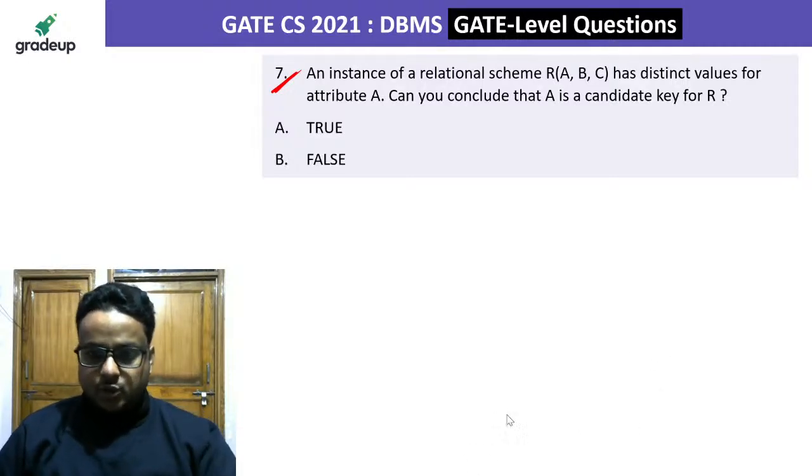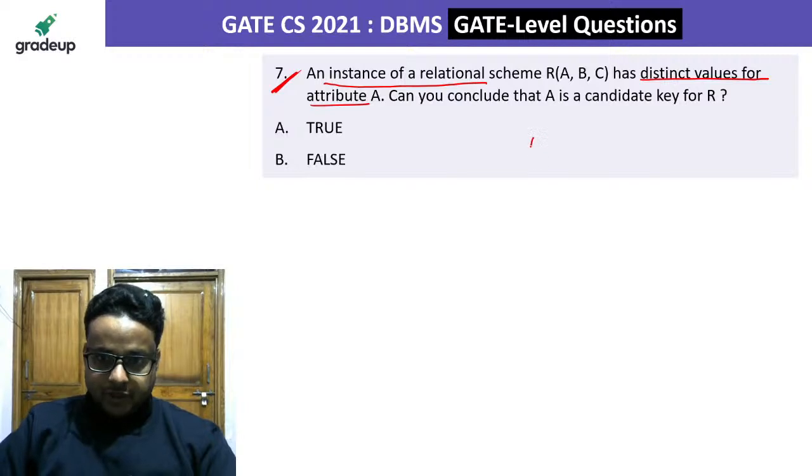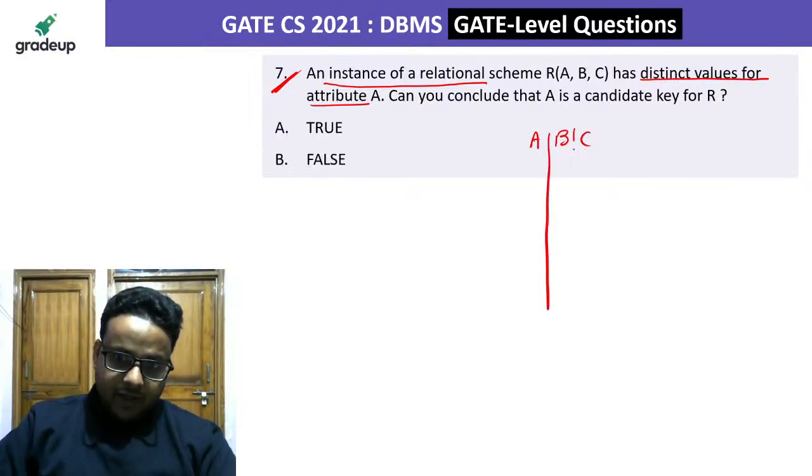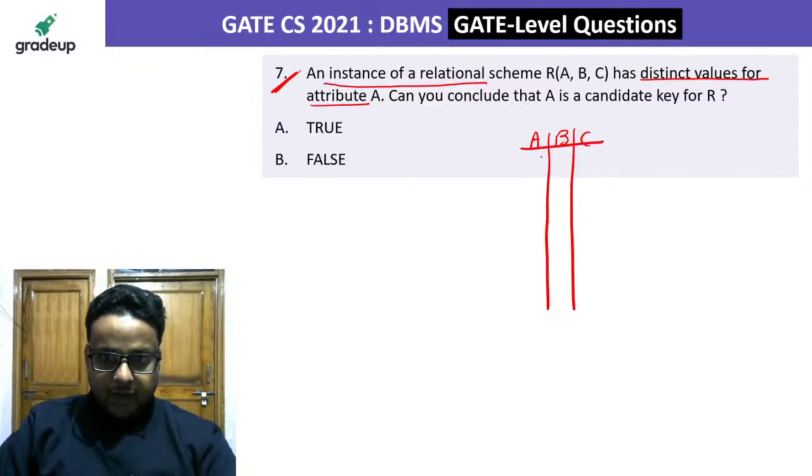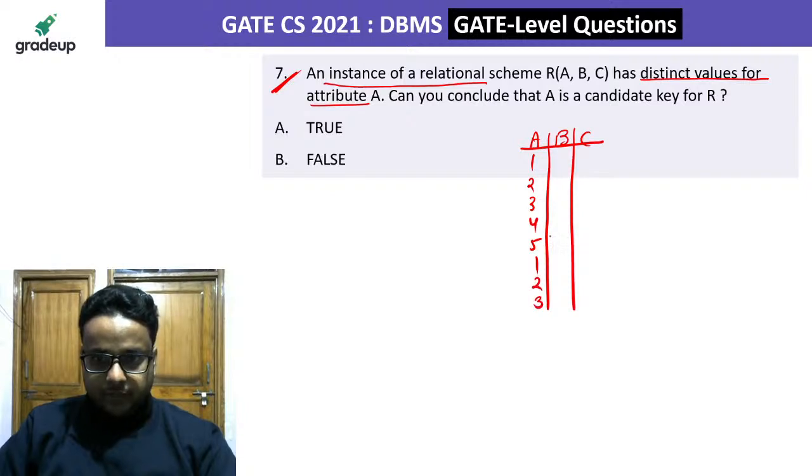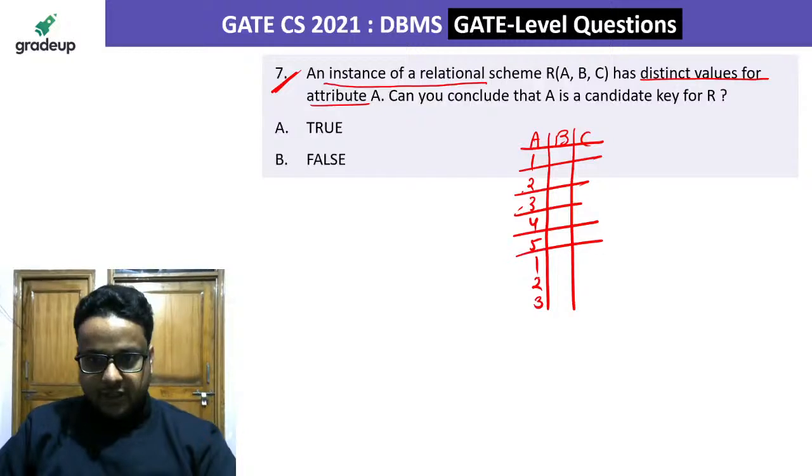So the answer of this question, they are saying we have an instance of the relational scheme that has distinct values for attribute A. Suppose we have A, B, C, and let's say we have a table, for example, 1, 2, 3, 4, 5, 1, 2, 3, and so many more. We have values for B and C respectively.